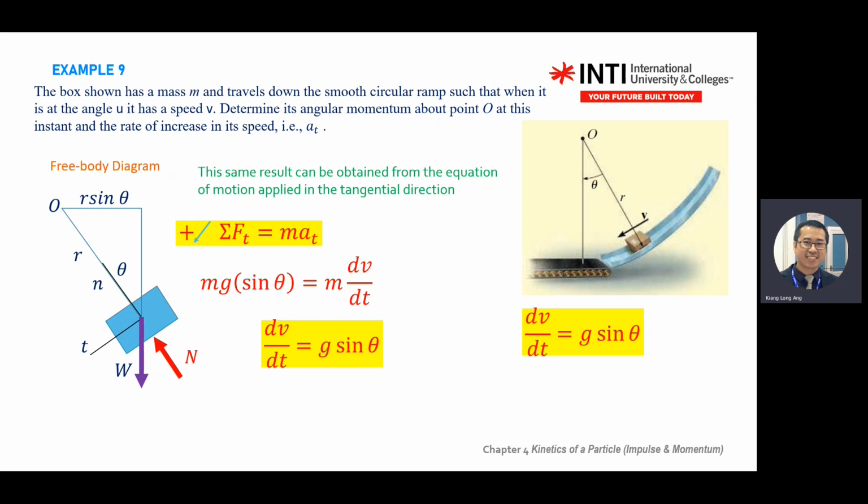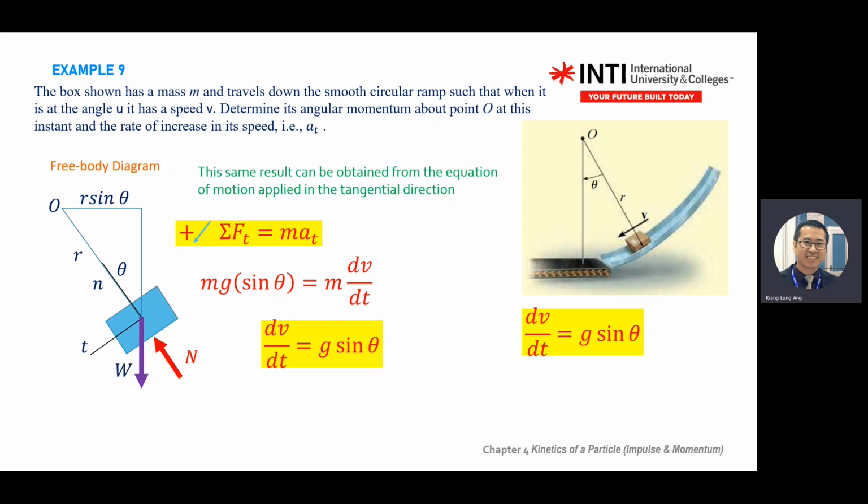Here, you also learn one more conservation: conservation of momentum. Again, what is conservation? Something does not change. Here, we mention momentum, so conservation of momentum means momentum does not change. So all the momentum before will equal all the momentum after.